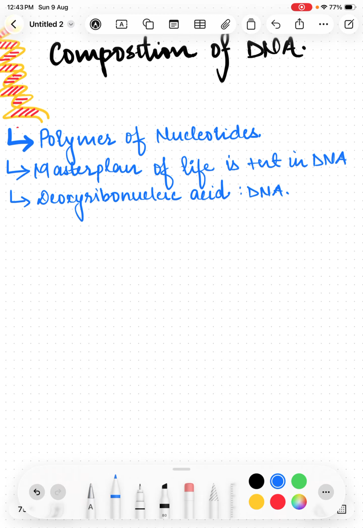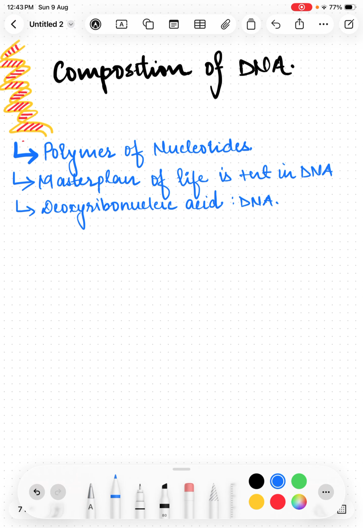Now, as DNA is polymer of nucleotide, let us see what are nucleotides.